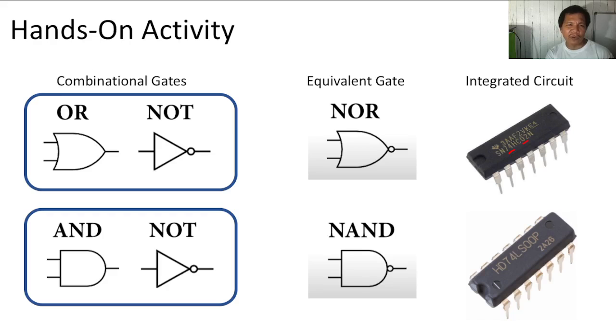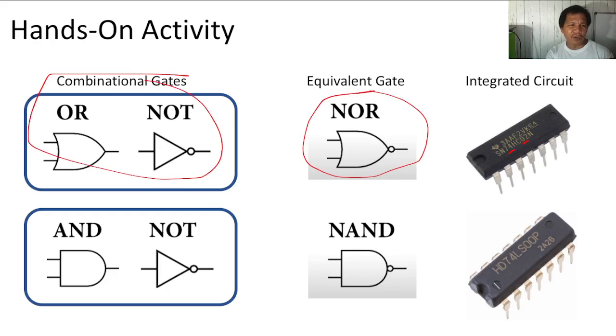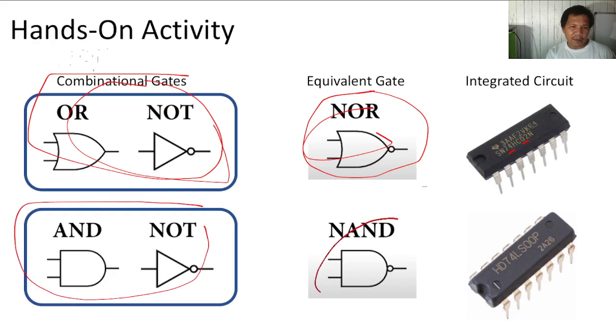So you are going to demo how this gate and this gate work. You are going to create a circuit side by side with this combinational gate and the equivalent gate. That is the activity that you will do. You will use Logically to simulate this combinational gate and the equivalent NOR gate.